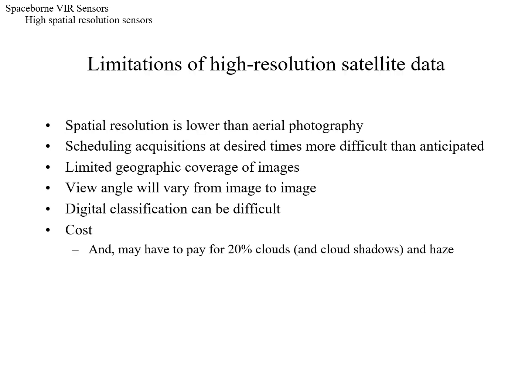Limitations, I mean, the spatial resolution is lower than aerial photography. Scheduling acquisitions at desired times is sometimes more difficult than anticipated. The U.S. military is the biggest funder of data collection from these satellites, and if you have an acquisition that conflicts with theirs, then you don't get your image.